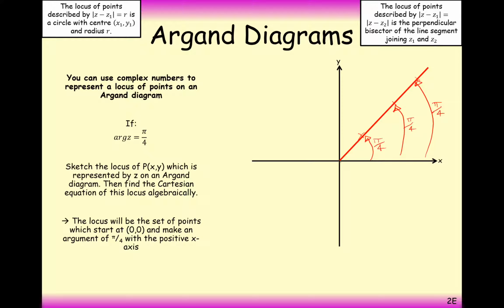We call this a half line because it's not a full line that will carry on downwards, it's just a half line that stops at the point 0, 0. This is effectively where the line starts. Why does it start here? Well, because we haven't transformed the z in any way in this question. It's just this half line that appears here, starting at 0, 0.